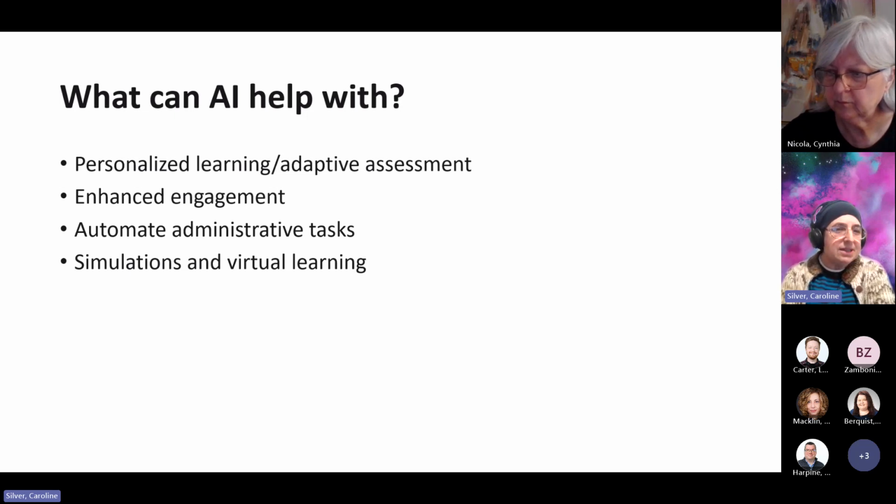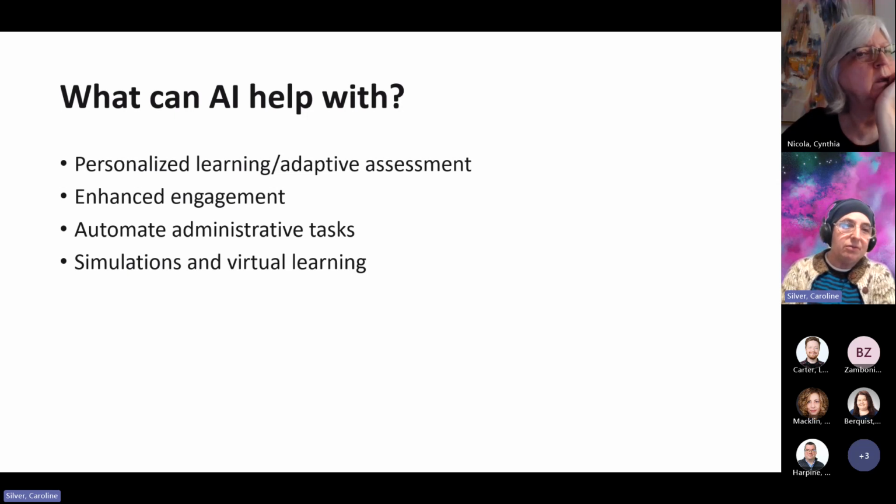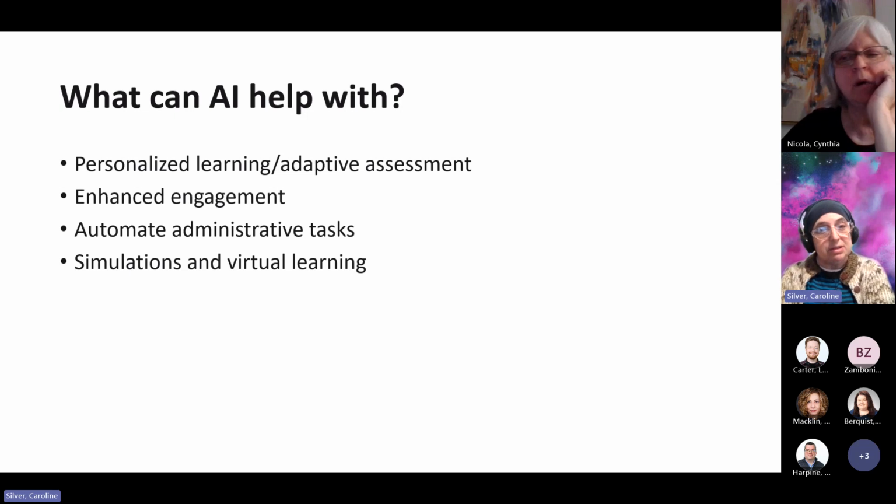But for example, with personalized learning, let's say you have an exam, and you have a foreign student with the reading level and understanding level of a university student, but a reading level in English of, let's say, a sixth grader or an eighth grader. Can you then ask ChatGPT or some other AI tool to reword this exam in the language of an eighth grader, so that this student can adapt?